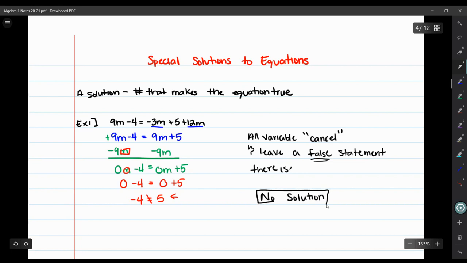Basically what this means is that this equation no longer depends on whatever m is. No matter what value you substitute in here for m, you will never get a true statement.